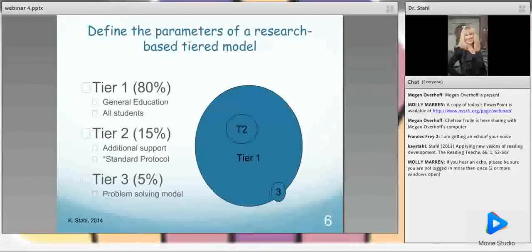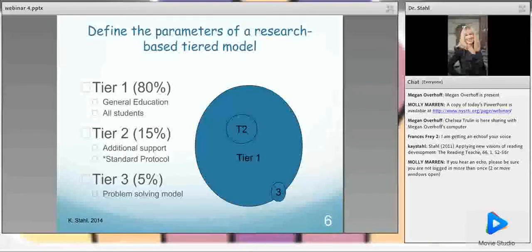Okay, so as we look at the parameters of a research-based tiered model, primarily in Tier 1, Tier 1 is general education, and ideally the Tier 1 instruction should be able to meet the needs of 80% of the student population and enable 80% of that population to come fairly close to meeting the Common Core standards or whatever kinds of learning standards that we are establishing.